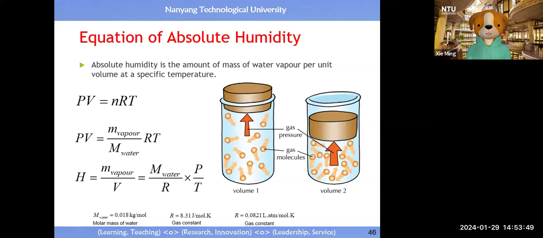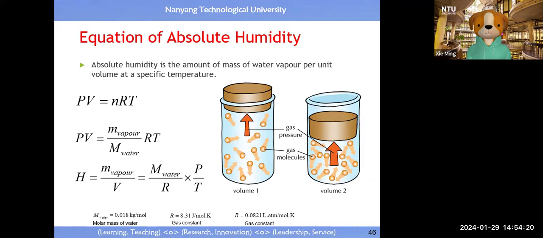You remember we have the ideal gas equation. We can use this equation to come out with an approximate solution. So you see PV is related to T, and n means the molar number. The molar number is equal to the mass of water divided by the molar mass of water. Capital M of water is constant.